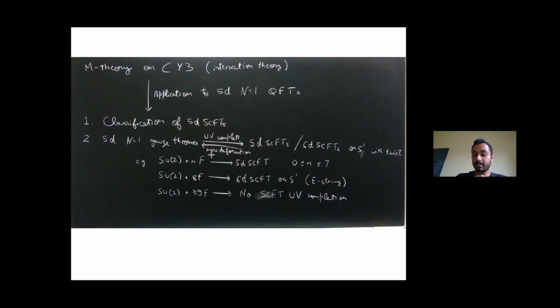Does that answer your question, Martin? Not really, but maybe. Here's an obvious example. Take one of these examples that you discussed and just add a massive hypermultiplet. It is completely decoupled. It satisfies all the requirements you said. It has the Coulomb branch, the BPS states, and so on. There's another decoupled particle. Yes. How do you know whether this combined system can be UV completed to something else or not?